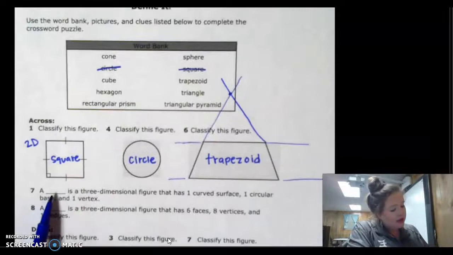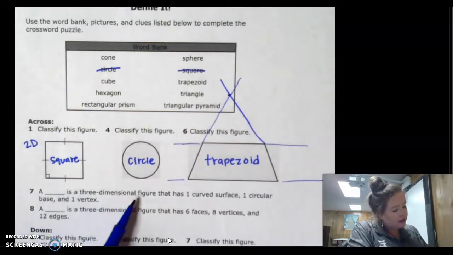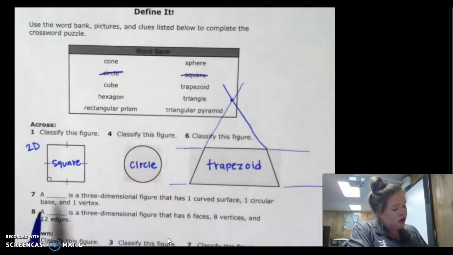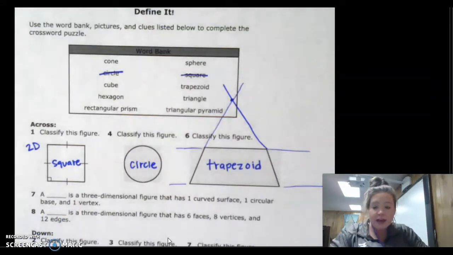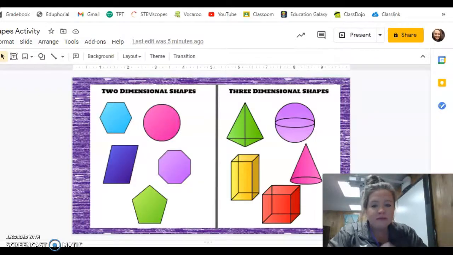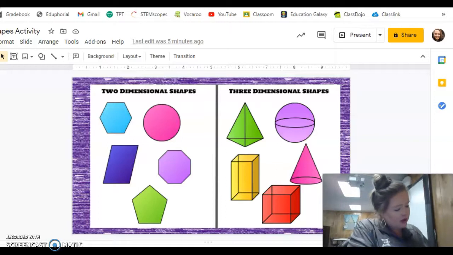A blank is a three-dimensional figure that has one curved surface, one circular base, and one vertex. Let's look at our figures. What shape is that?